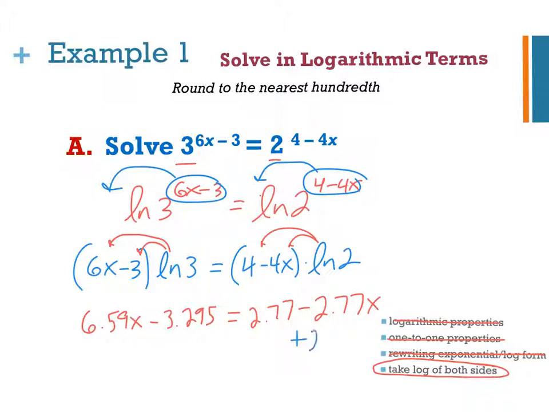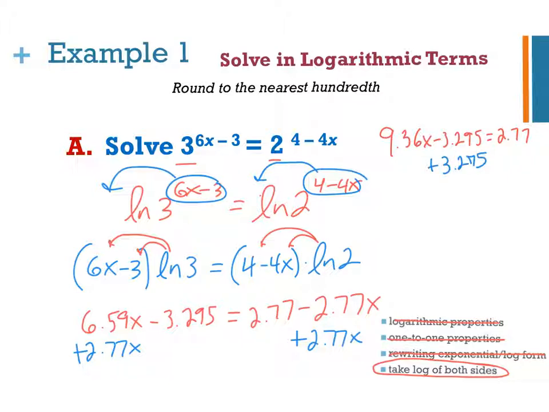Now that we've gotten rid of parentheses, the next step would be to isolate x by itself. So if I add the 2.77x with the other x's on the other side, this gives me 9.36x minus 3.295 equals the 2.77. Again, isolating x by itself, I would add this 3.295 to both sides.